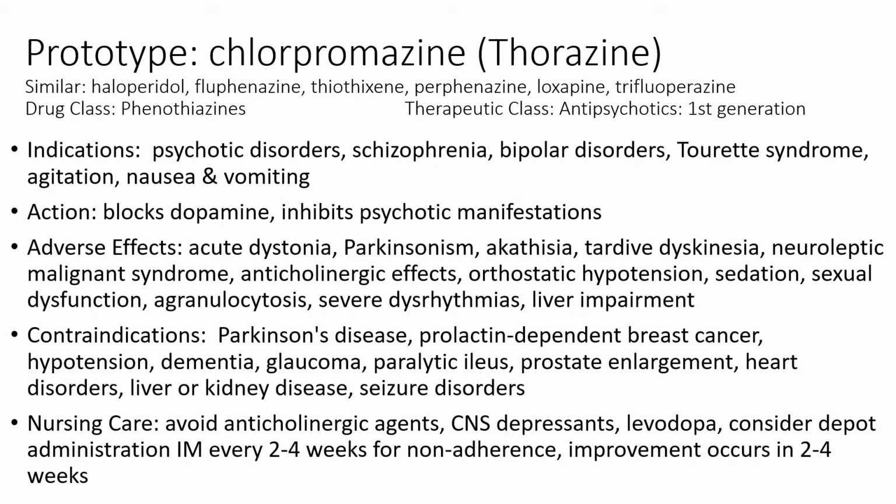So you can see all these adverse effects: I blocked dopamine, but now I've increased something else. So any kind of cancer that can be stimulated by prolactin, you wouldn't use these drugs either, because it's going to increase prolactin levels by dropping dopamine levels.